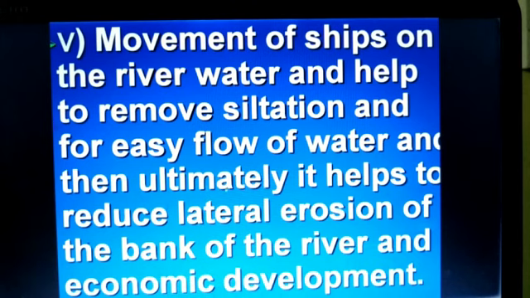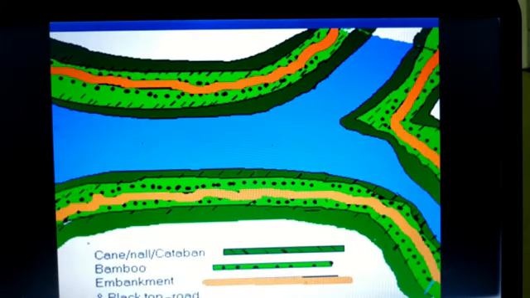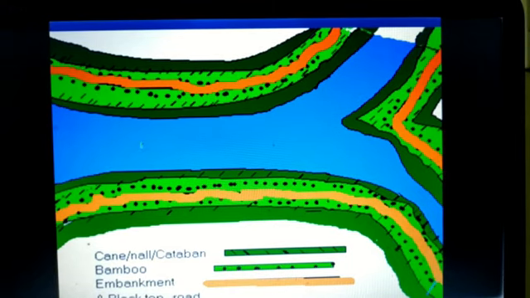See, in my research work I have already done this work, the vegetation control of embankment sides. There are so many embankments here, 8,000 embankments, dikes.